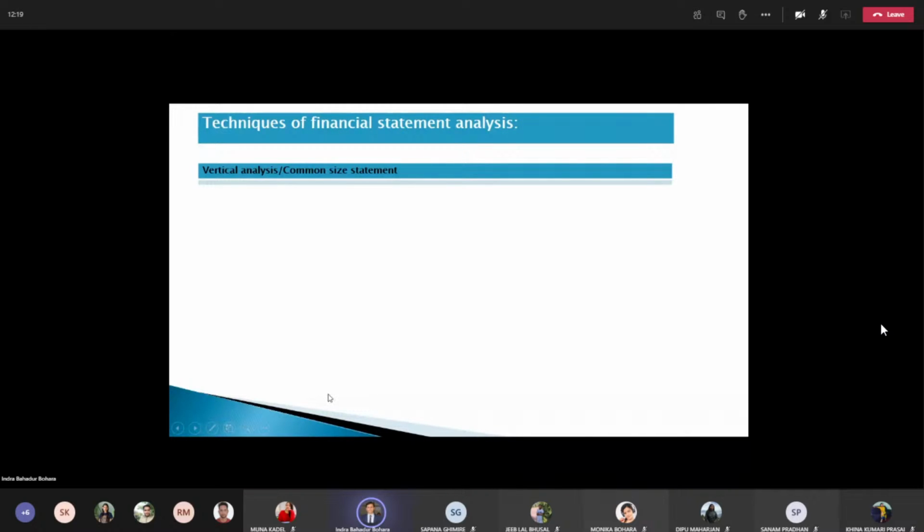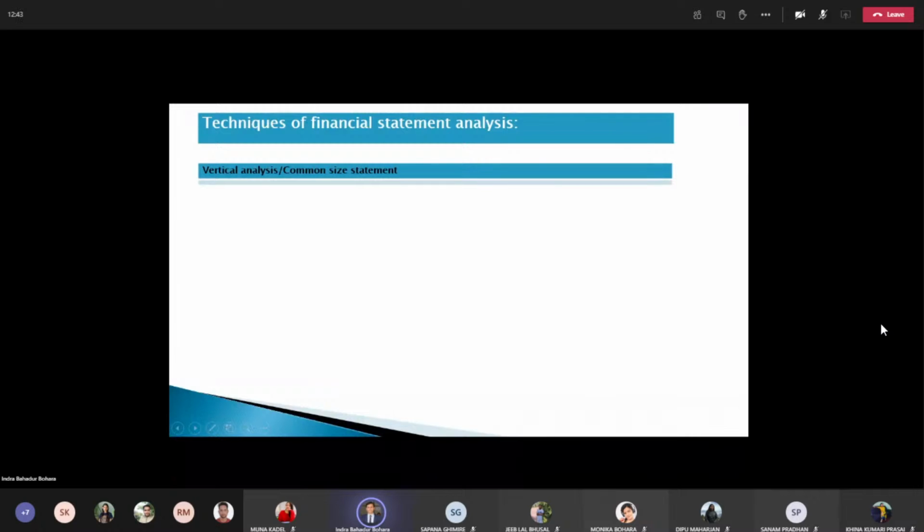So the percentage of cost of goods sold, gross profit, office expenses, selling expenses, then other incomes, other expenses, then profitability position is calculated, assuming 100% for sales.